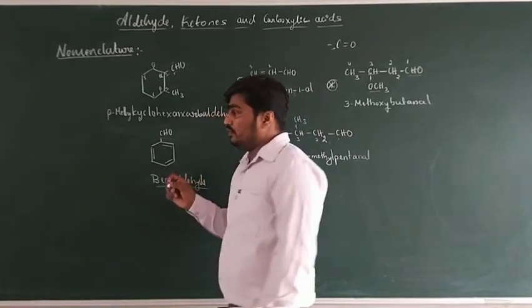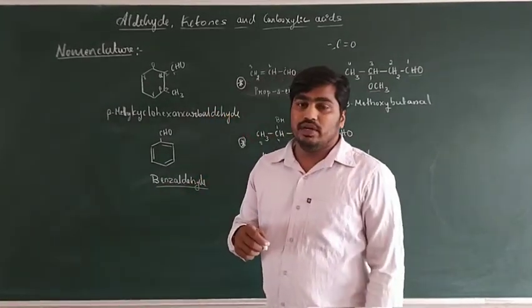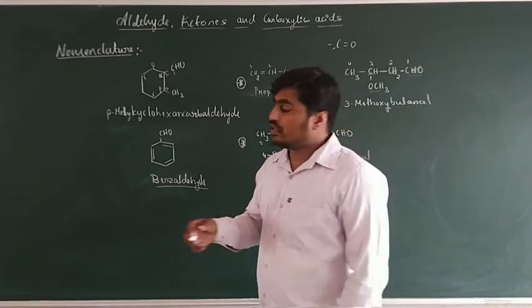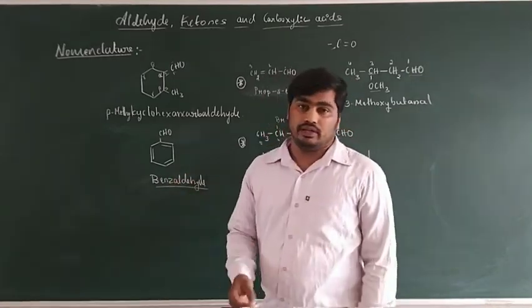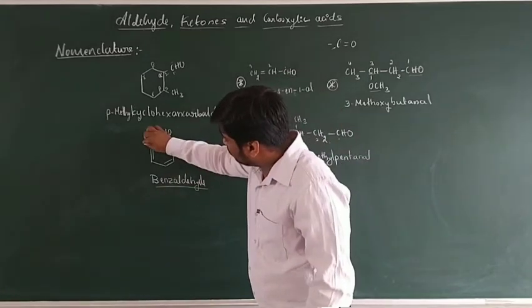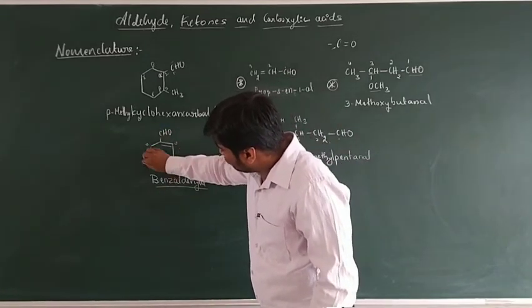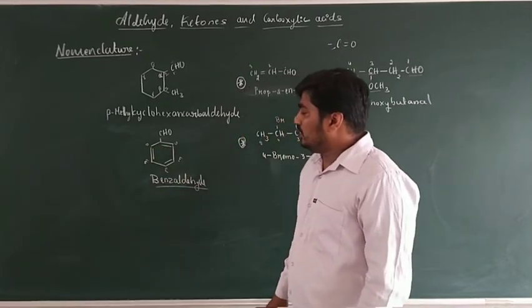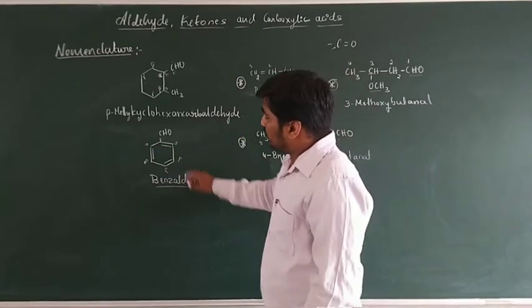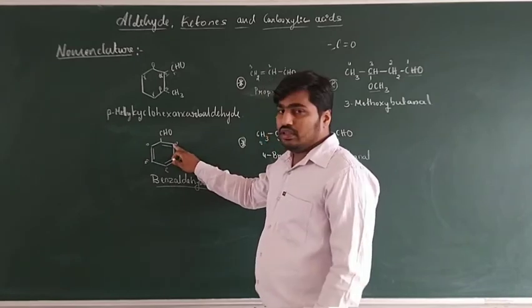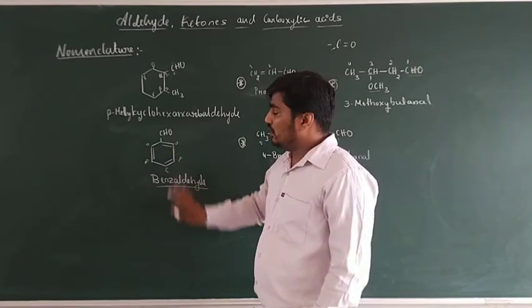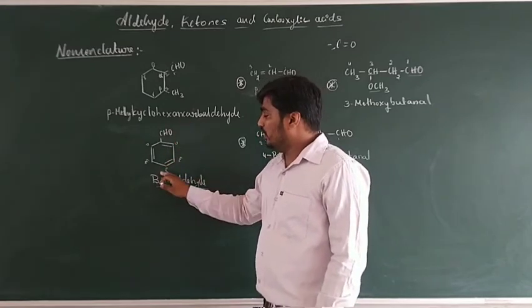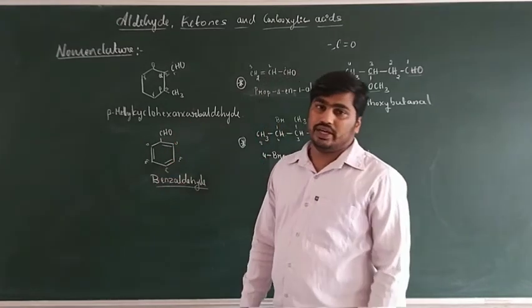When we go through the common naming system, we use the positions: ortho, meta, para. Here we observe the ortho position, here the meta position and the para position. So for the naming of benzaldehyde, suppose it contains methyl here, then ortho-methylbenzaldehyde, here meta-methylbenzaldehyde, here para-methylbenzaldehyde.